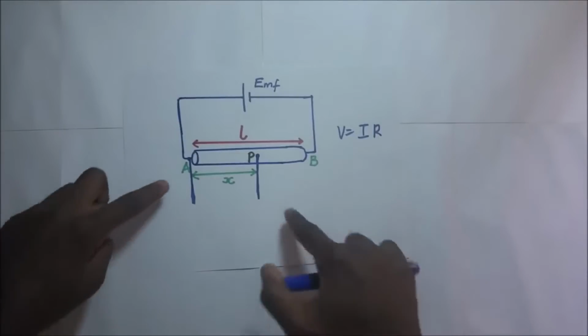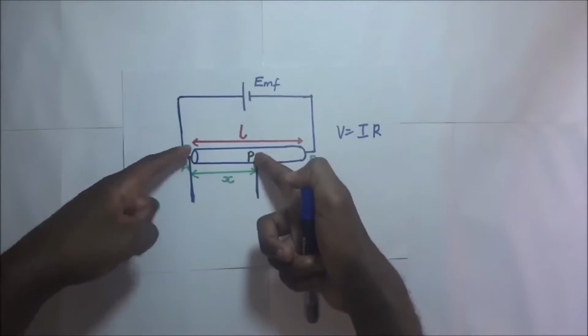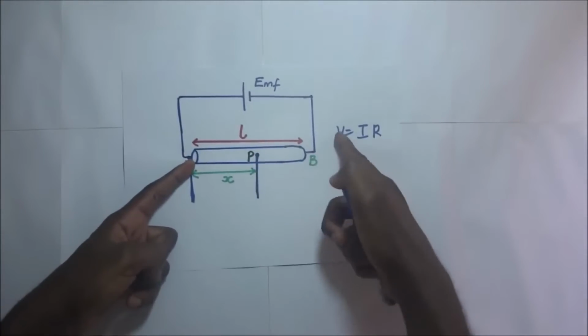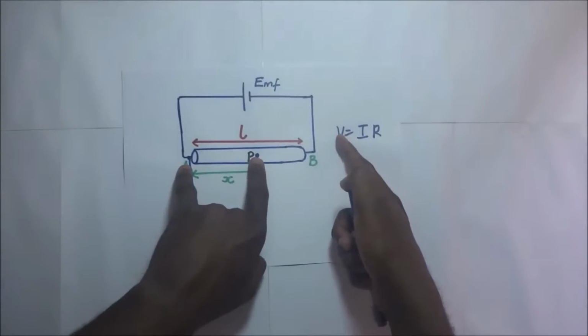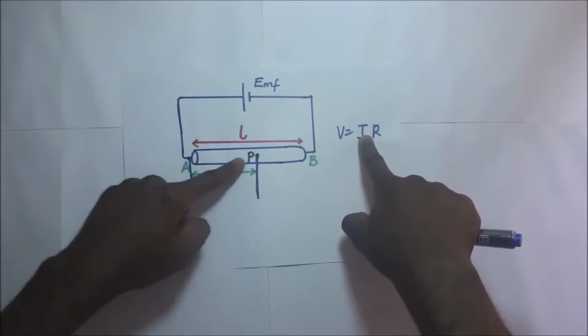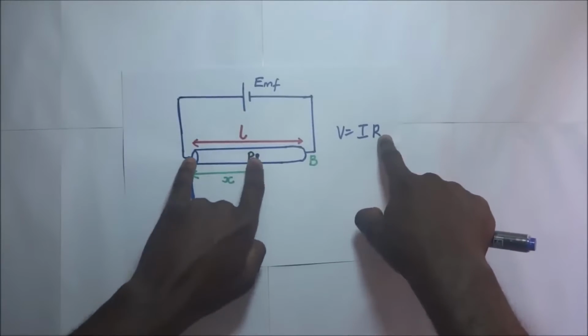The same applies if we want to find the potential difference across the portion of that slide wire AP. It's still V, the potential difference across that portion AP, and it is going to be equal to the current going through that portion times the resistance from A to P.